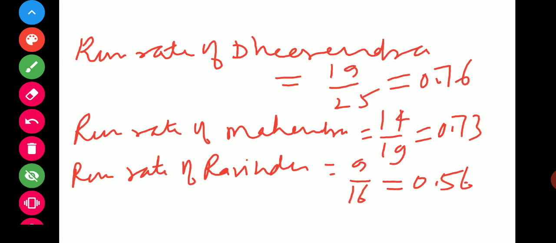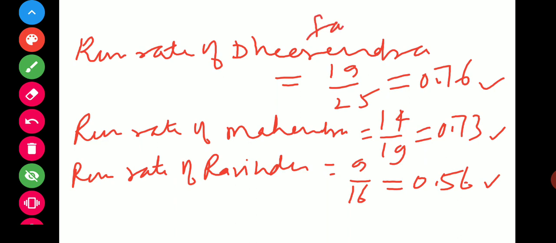You can see here. Run rate of Dhirendra is 0.76. Run rate of Mahendra is 0.73. And run rate of Ravindra is 0.56. Who is fastest? Fastest is Dhirendra.